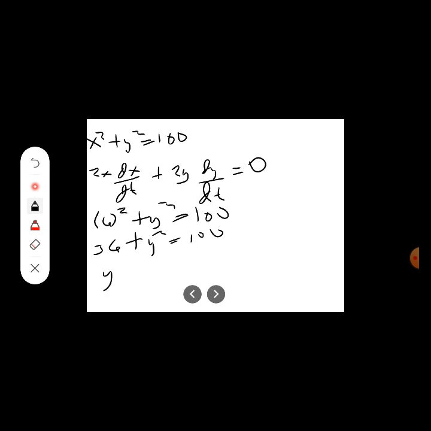Then y squared equals 100 minus 36, so y squared equals 64. To remove the square, let's take the square root of 64, which is 8. So our y is 8.